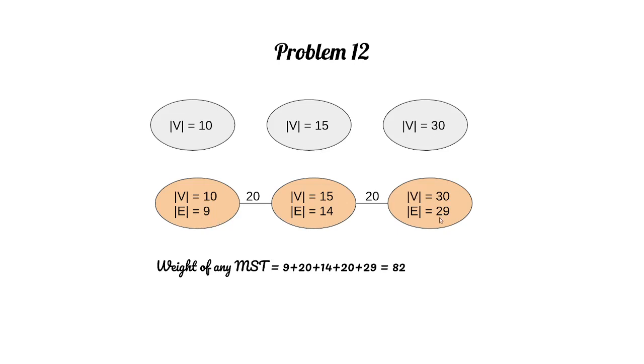Now we have 3 components which are not connected with each other, so we need 2 edges to connect these components, and therefore we put 2 edges. And we know that all the edges which are not part of H have weight 20, so these edges are of weight 20. So the weight of any minimum spanning tree is 9 plus 20 plus 14 plus 20 plus 29, which is 82.